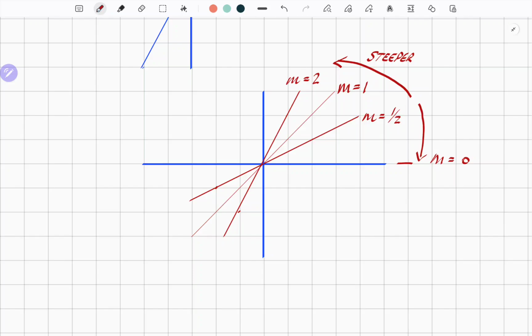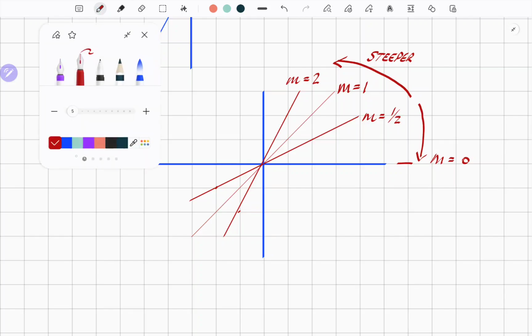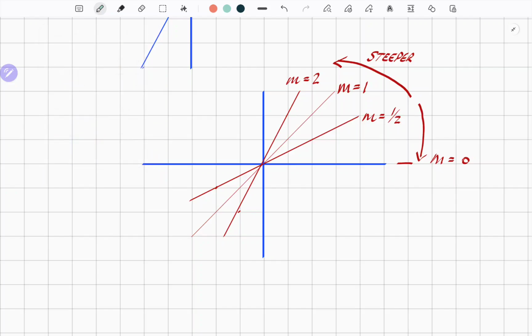Similarly, let's use this funky color here. The other ones have exactly the same sort of numbers, but watch this.